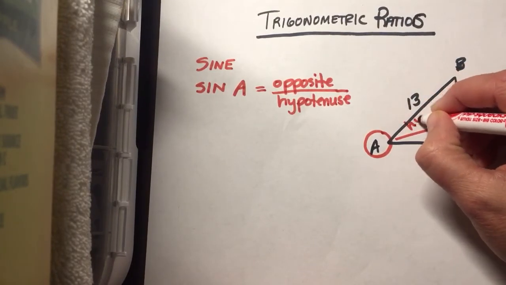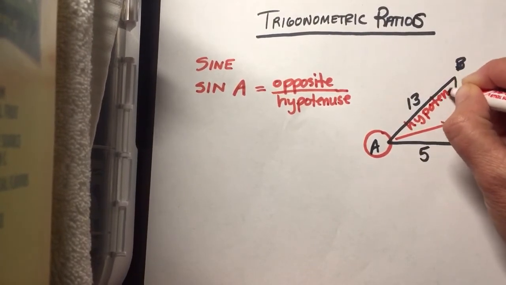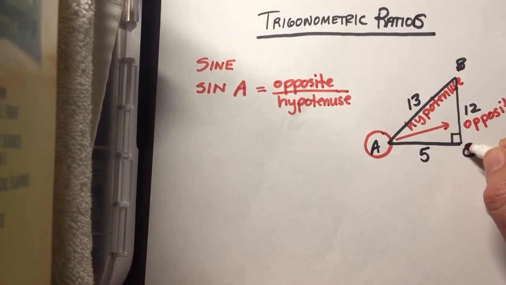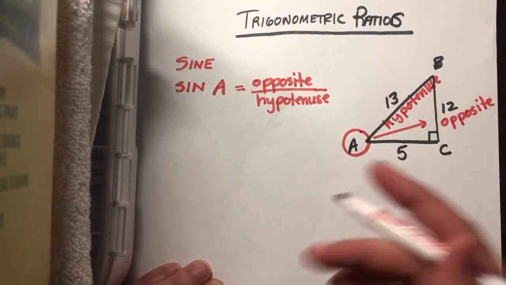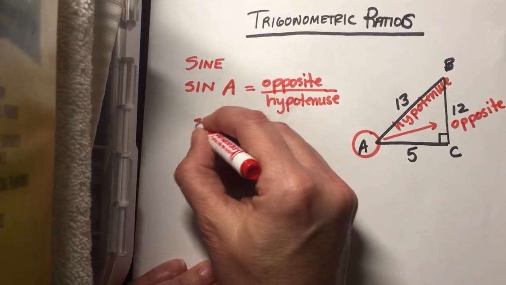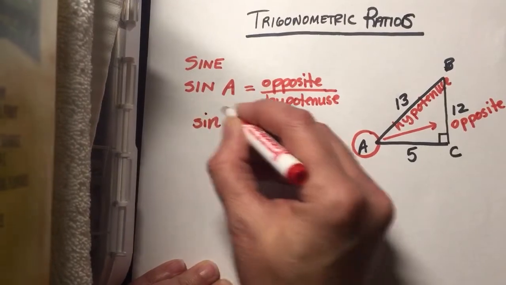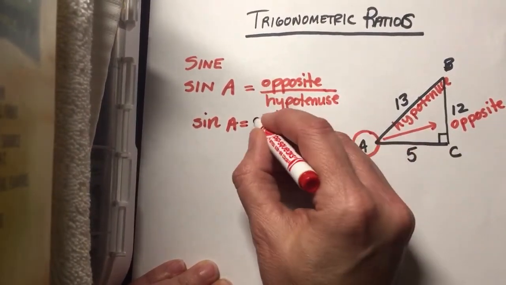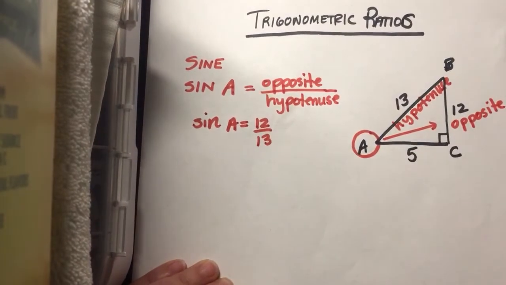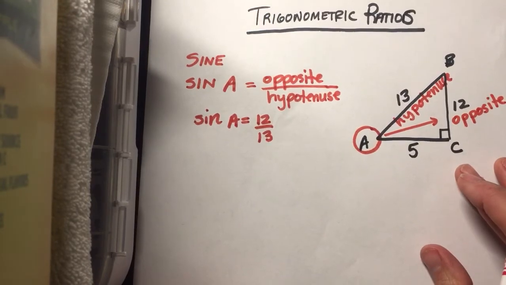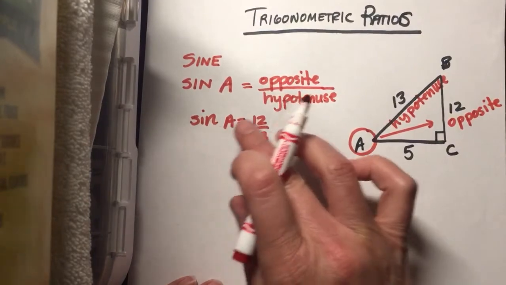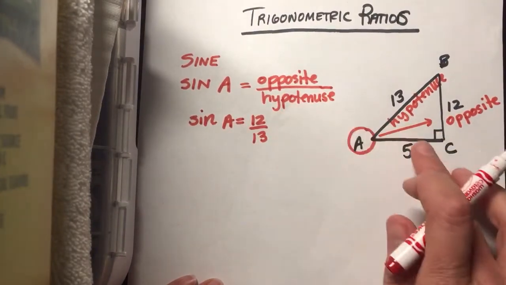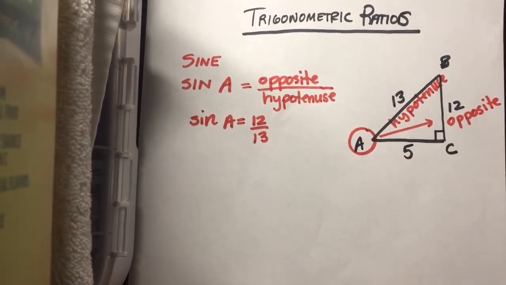This is the hypotenuse because it is the longest side and it's across from the right angle. So for sine, if our lengths are 5, 12, and 13, the sine of A is going to be opposite, which is 12, over hypotenuse, which is 13. So the sine of A is 12 over 13. The ratio of the side opposite A to the hypotenuse of the triangle is 12 over 13.